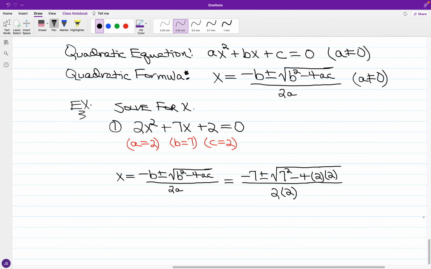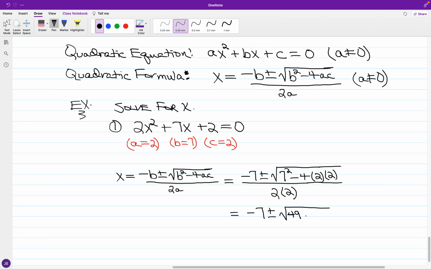Now following through, for x we have negative 7 plus or minus the square root. Now 7 squared, or 7 times 7, is 49. Negative 4 times 2 is negative 8.